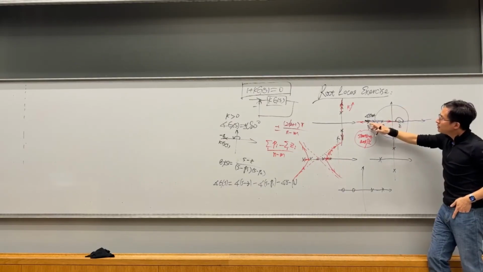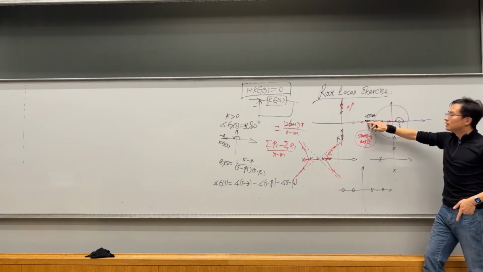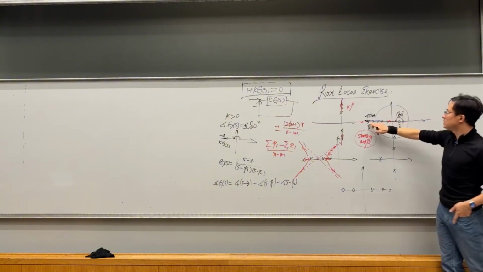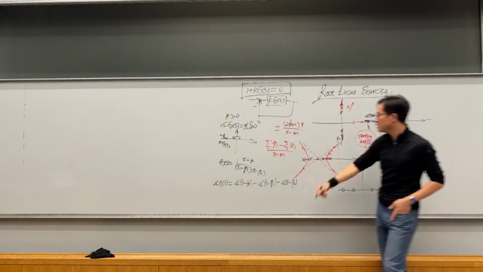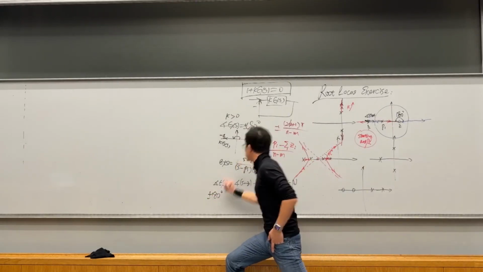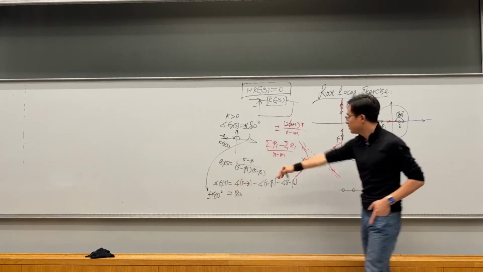If I'm very, very close to here, a little bit next to this one, what is this angle? 180 degrees, right? So what we need is plus minus 180 degrees. This is from here, and it has to equal 180 degrees coming from the first one.